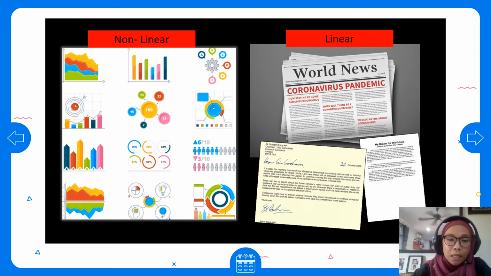Non-linear means it has fewer words, more on a chart, more on pictures, to explain. While linear is something like newspapers, books, articles that you read online or in a real situation, usually books.